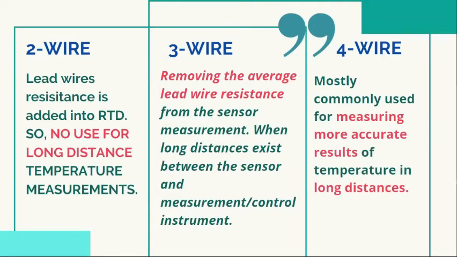And the 4-wire is most commonly used for more accurate temperature results in long distances, like laboratories. So this is the basic concept of RTD wires: 2-wire, 3-wire and 4-wire.